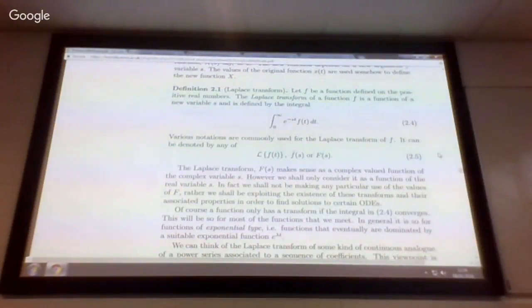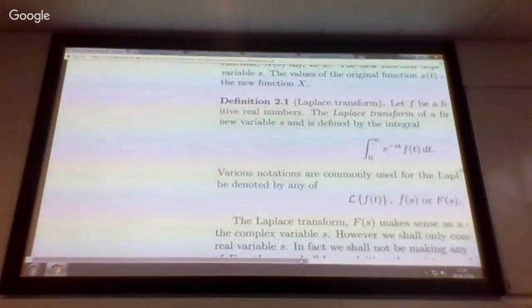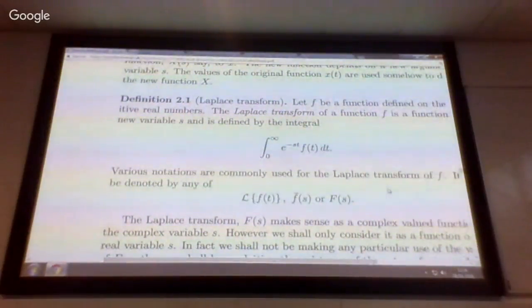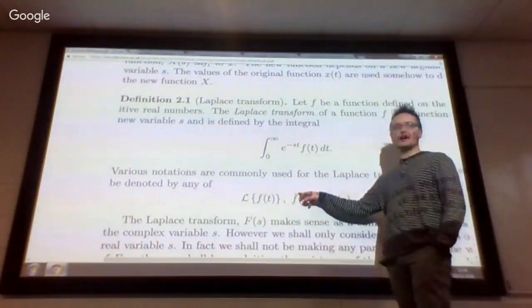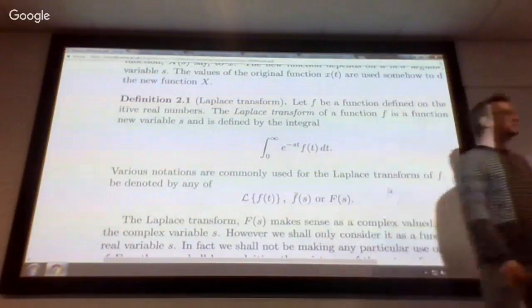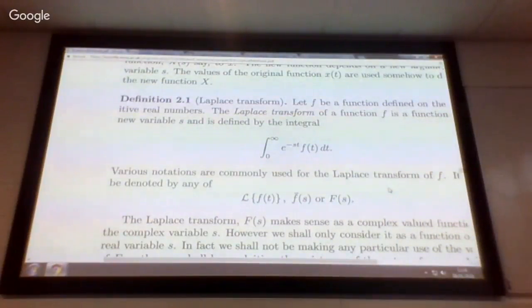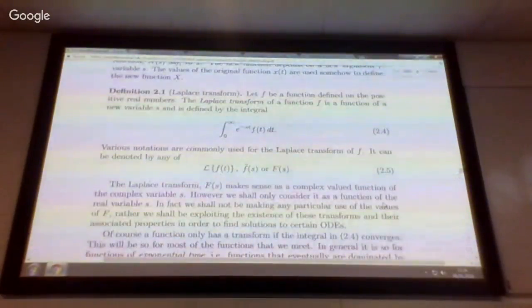That's the Laplace transform applied to f. Or sometimes it's denoted capital F of s. Or sometimes people put some kind of annotation on the original function, such as a bar, f bar of s. Different books and different sources will use different notations, but those are some of the typical ones that we see.